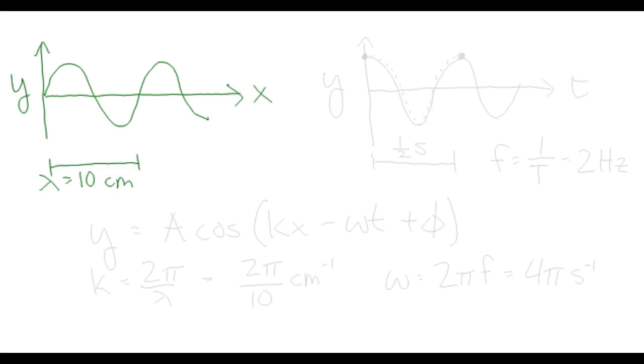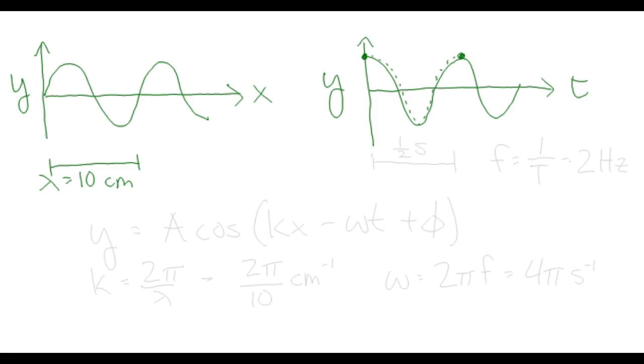We were also told that it has a frequency of 2 hertz. So what that means is that if we make the snapshot graph, say maybe it looks like this, what that means is the time that it takes for any point on the wave to make one complete cycle.